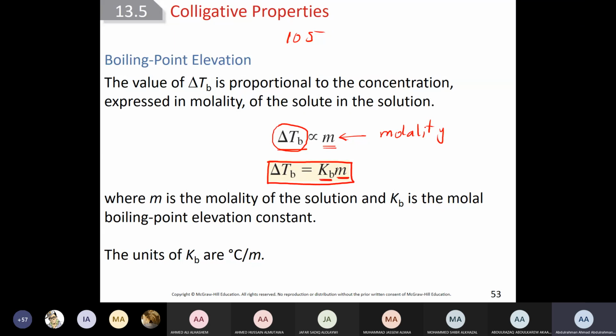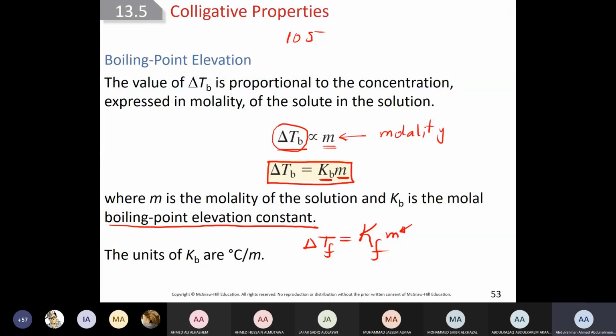What's KB? It's called the boiling point elevation constant. Good. For the freezing, we have the same law, delta T freezing equal to KF times m.